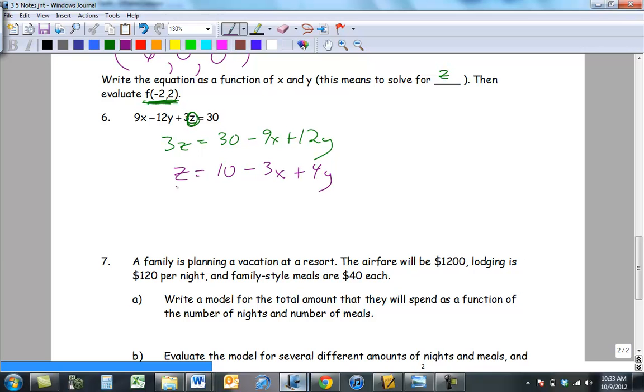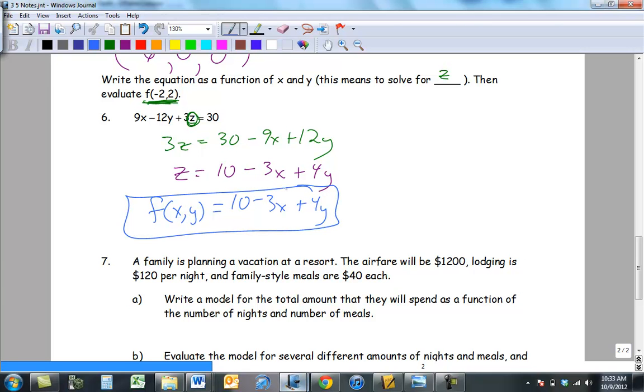Now, another way to write z is going to be f of x, y. Z is a function of both x and y. So f of x, y is 10 minus 3x plus 4y. That's our function of x and y.